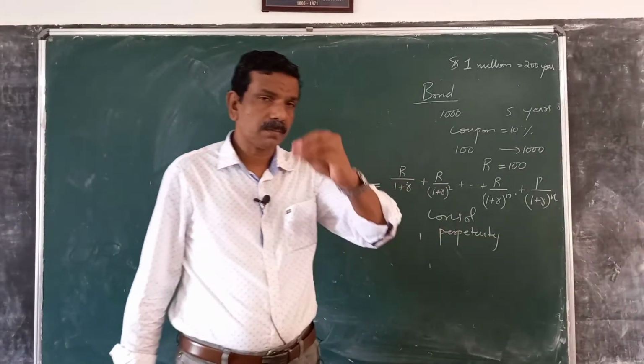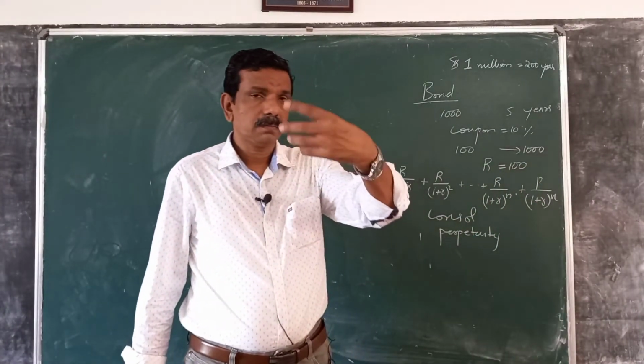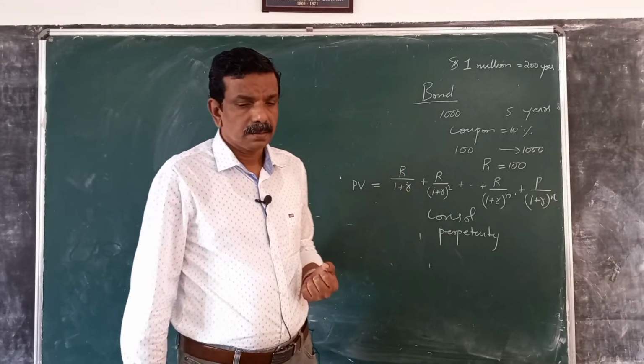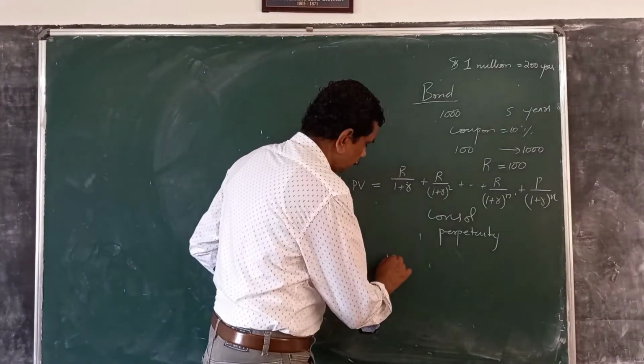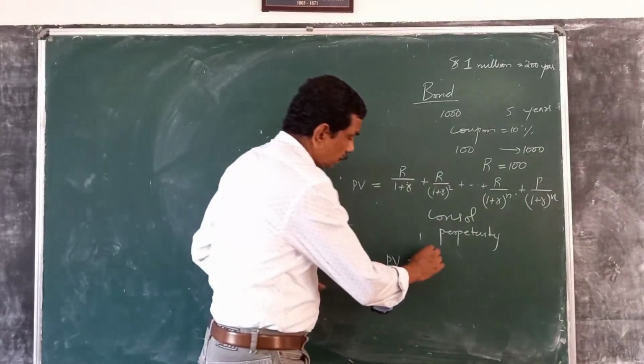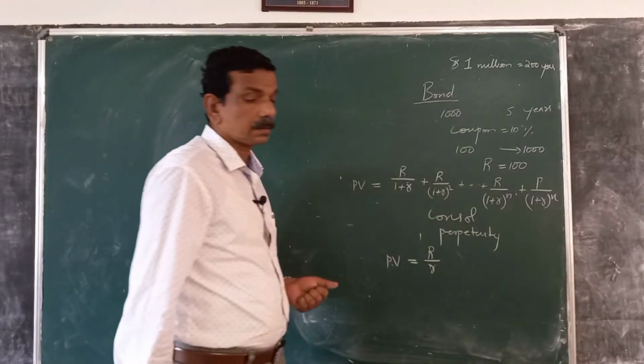A console is a bond with no maturity or a maturity after a long time period. Then this present value becomes PV is equal to R by i.